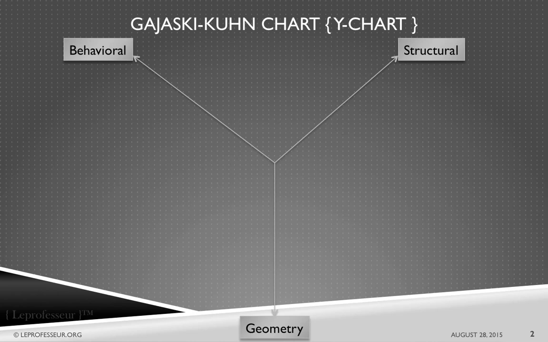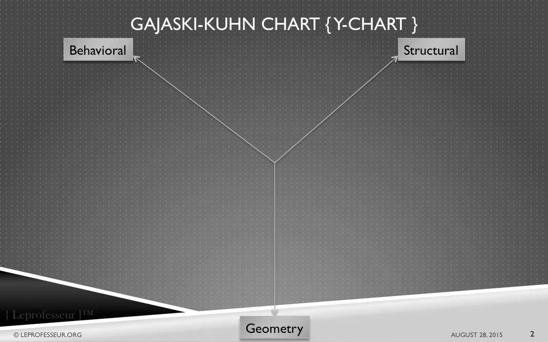So in the VLSI design world, we talk about the behavioral dimension, structural dimension, and geometrical dimension. In the behavioral dimension, we define the behavior of the system, or what your chip is going to do.